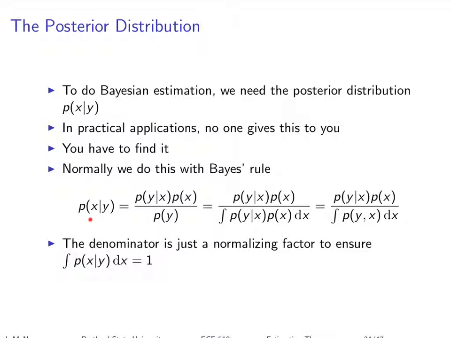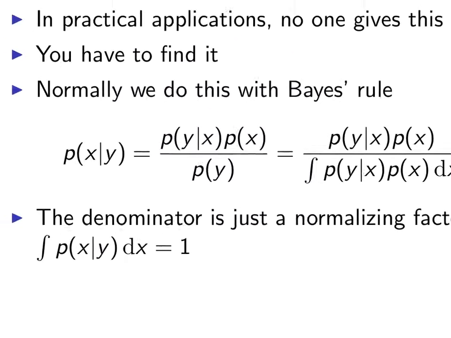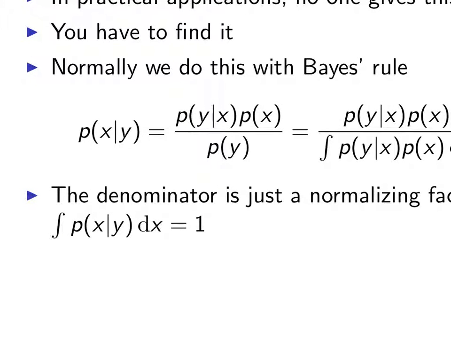So one way of getting at the posterior is to use Bayes' rule and say, well, we know the posterior. Maybe I'll make a note because I didn't put it on the slides. This is the posterior.